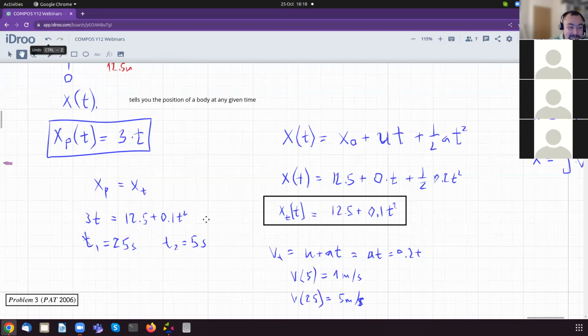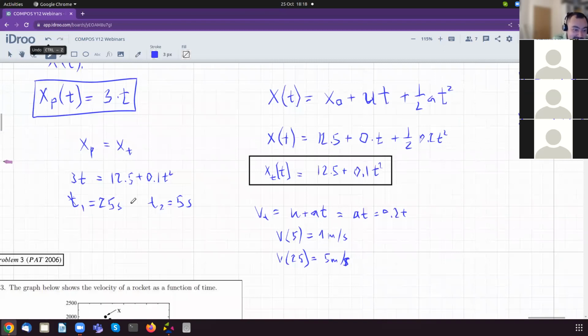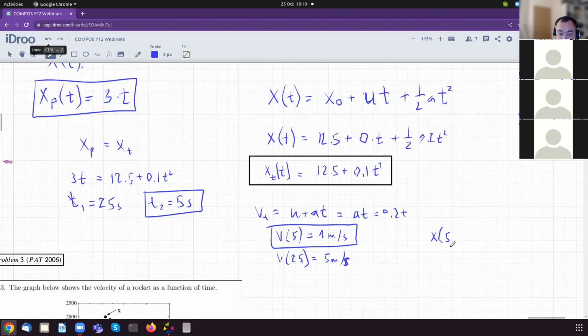So at t equals 5, the train is traveling at 1 meter per second. And how far does the train travel? We need x of 5. Because x train of 5 is equal to, okay, we'll get there.